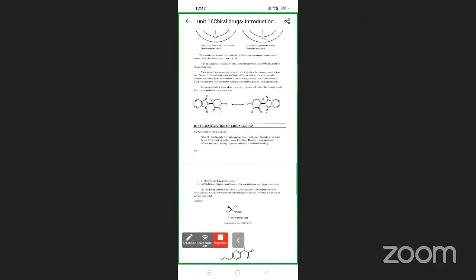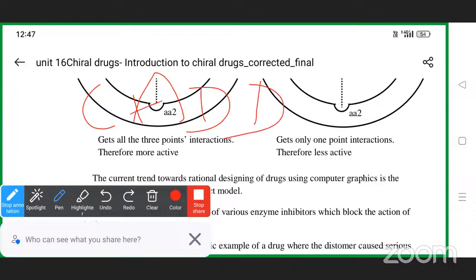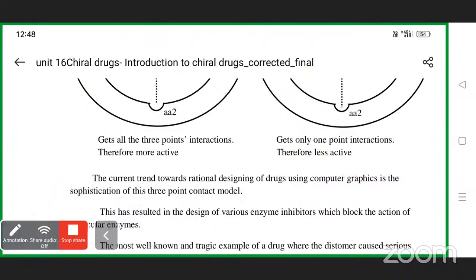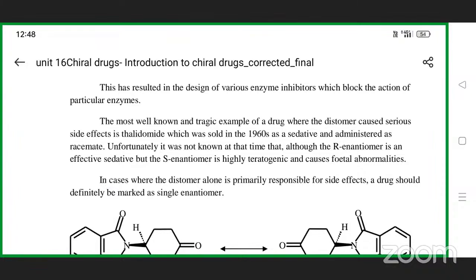In present days we have CAD technology, computer aided drug designing, which follows this kind of interaction and is very useful for designing drugs. Along with the 3-point contact model there are other enzyme specificity theories, like the lock and key model and the induced fit model.